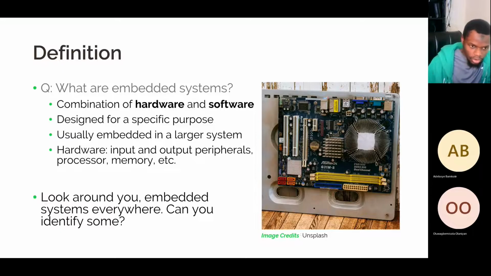Inside your computer you also have your power supply, which is another embedded system of its own. So you have a couple of embedded systems coupled together to form the larger system. Some examples of hardware are inputs and outputs, peripherals, the processor, the memory, and a lot more.